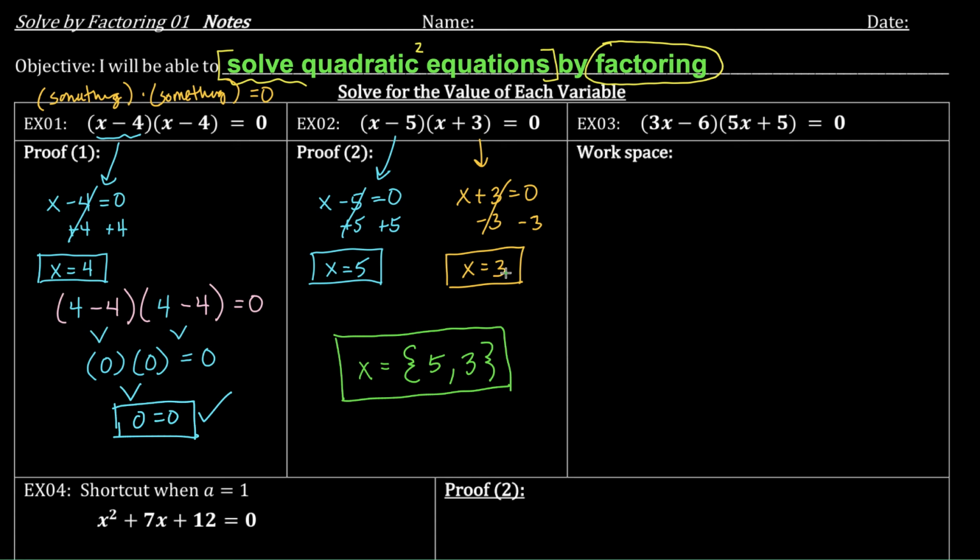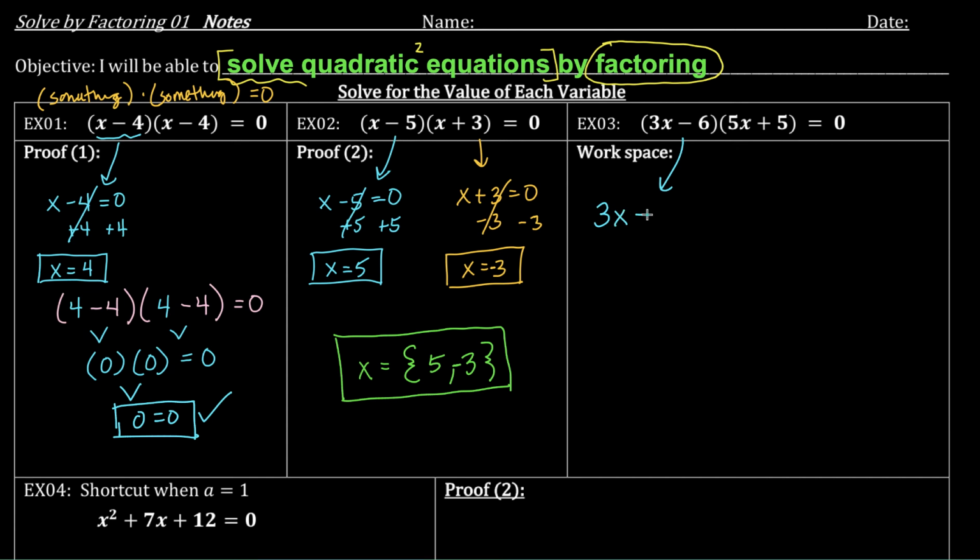If we try 3, this is 3 minus, that's negative 2. But, oh, I did something wrong here. That will be a negative 3, and that will make that a negative 3. Okay, so if I put negative 3 here, and I add 3, I get 0. And so anything times 0 equals 0.